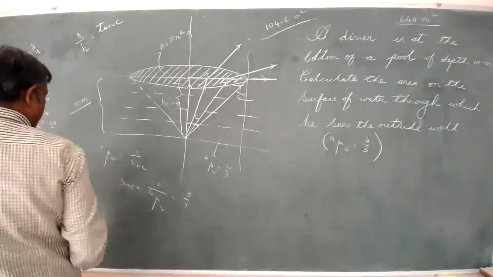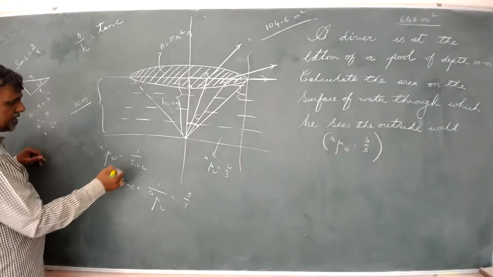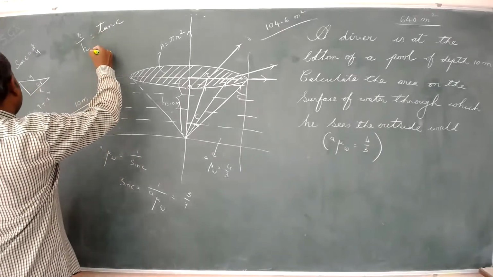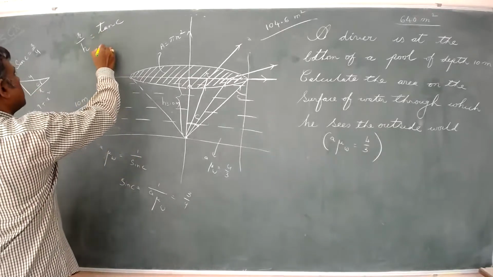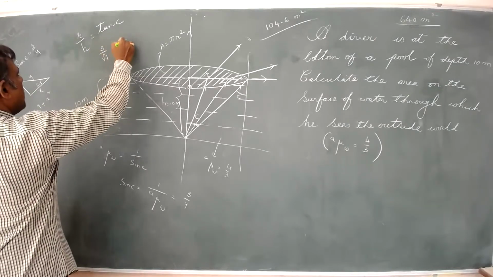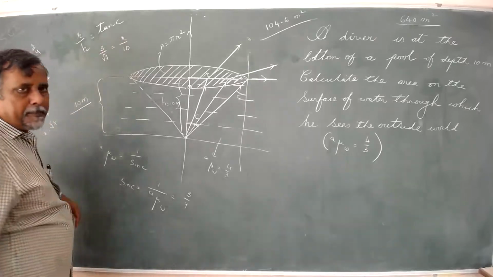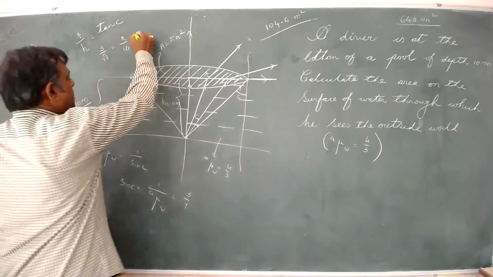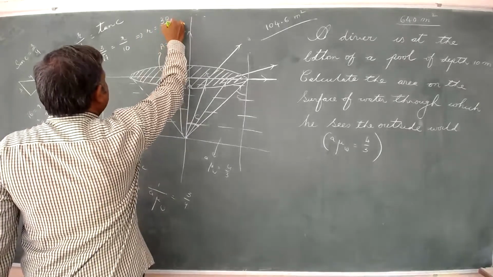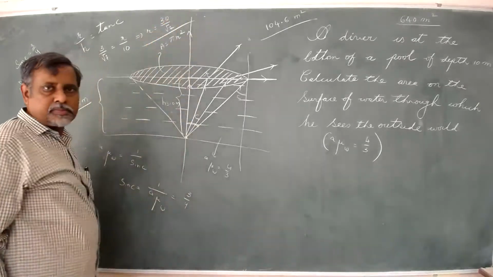Right. Now, tan C is equal to how much? Tan C, 3 by root 7, is equal to r by 10. So that implies r is equal to 30 by root 7. So r has come.